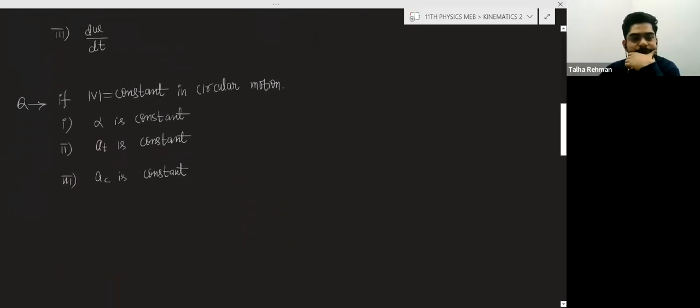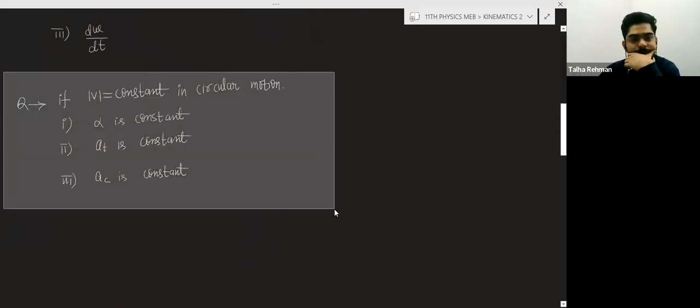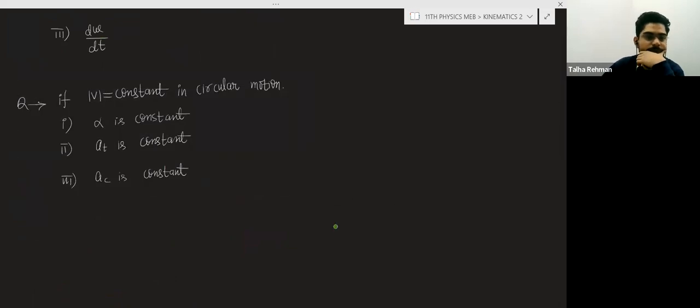This is the last question, write it down, and this is your homework. Try this question by yourself. They are asking here if v is constant. This is a true false type question.